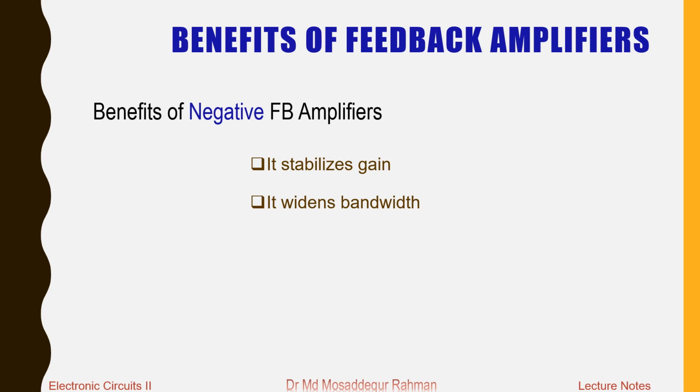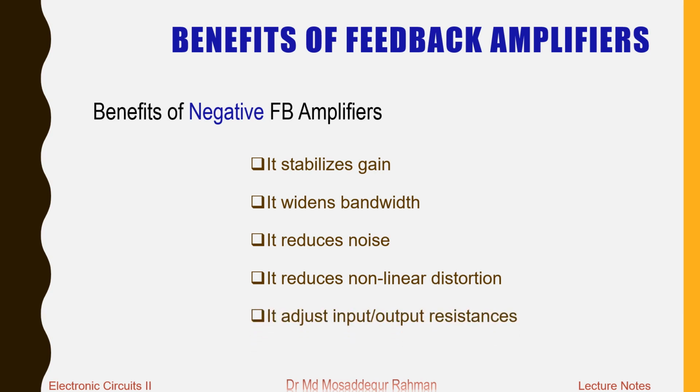So it widens the bandwidth. It reduces the noise. The signal noise will be reduced, and it reduces the nonlinear distortion. Sometimes you get distortion in the output that can be reduced if you apply the feedback, and also you can adjust the input and output resistances.